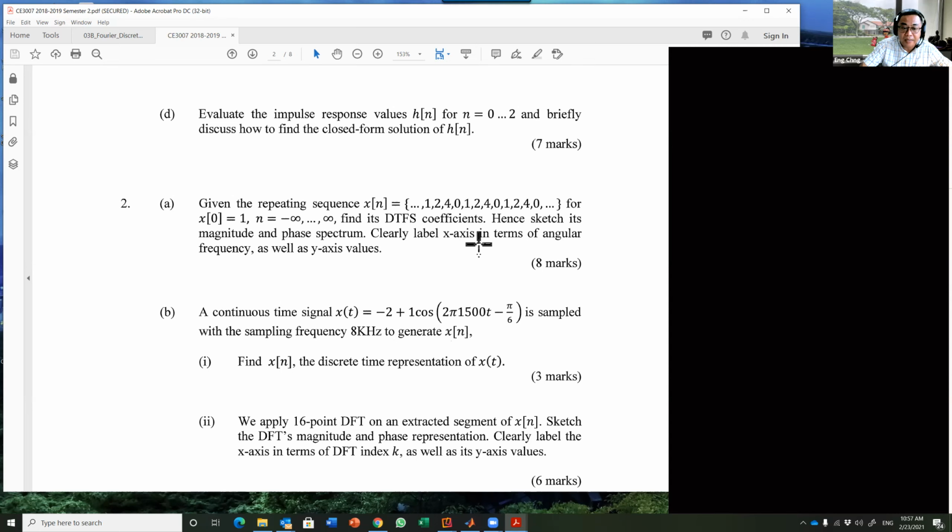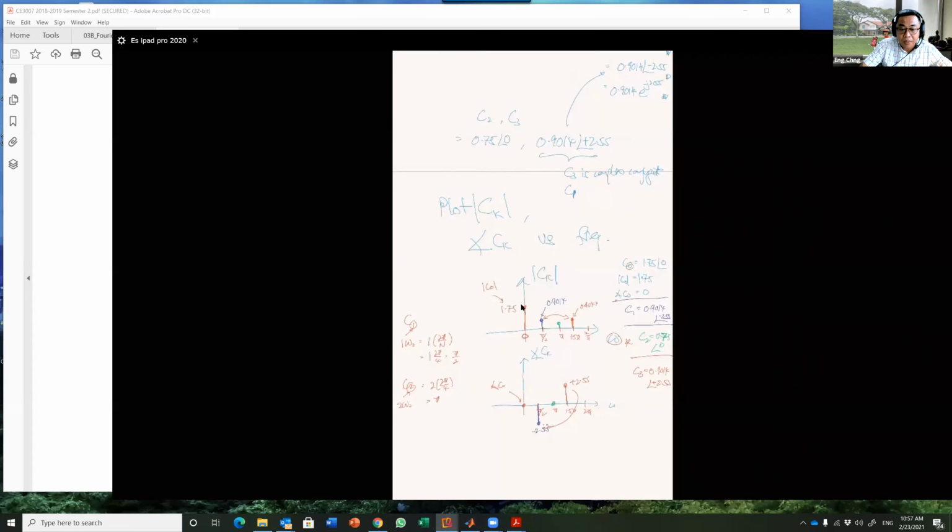And then we wanted the x-axis in terms of angular frequency as well as the y-axis value. So I'm asking you to put all these y-axis values here. The x-axis is not k, but the frequency. Okay, so we are done with question 2a.